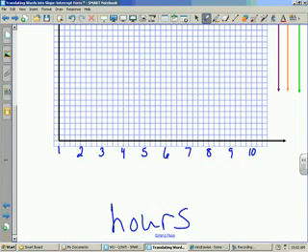Okay, so we've gone from 1 to 10 hours. I didn't put 0 on here because we're not going to obviously be buying time for 0 amount of hours. The black lines are my x and y axis. It doesn't matter. That's just how I drew it.